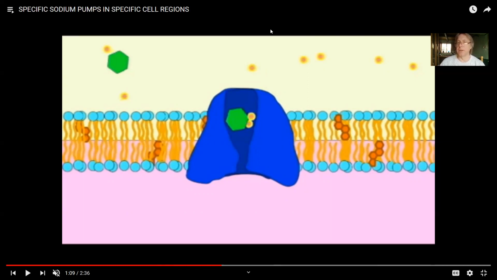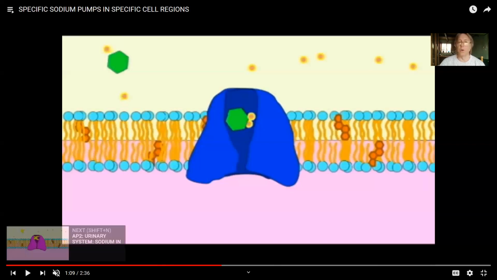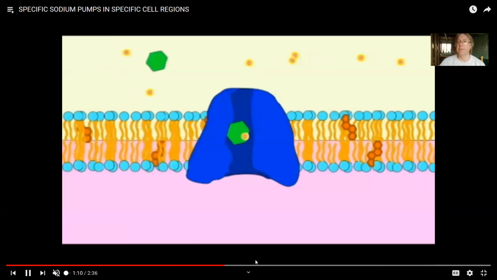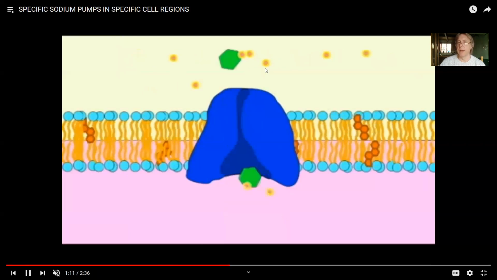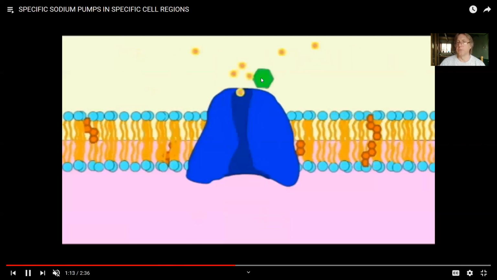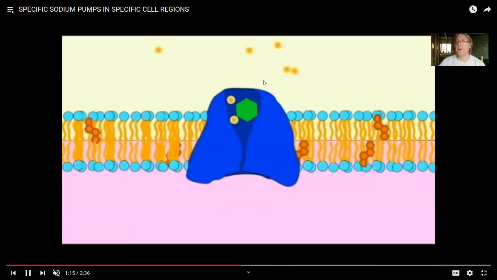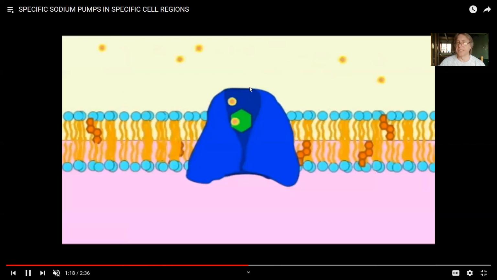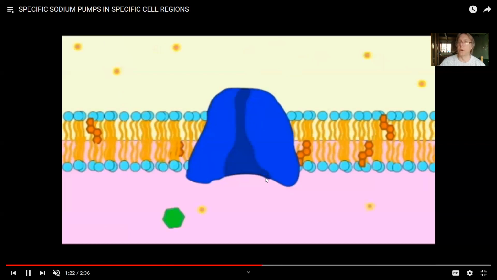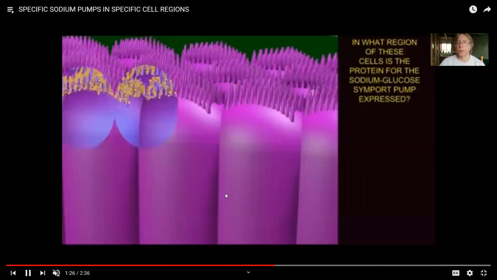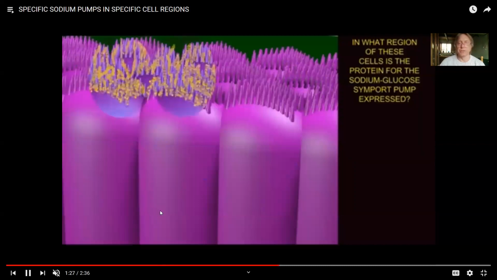Sodium is going from an area of high concentration to low, that the cell can then take advantage of this gradient to move other items. So glucose will come into the cell if it moves with sodium, and thus glucose is reabsorbed from the tubule lumen. Amino acids, there are separate doors which allow amino acids to pass if sodium comes with it. So the sodium gradient is taken advantage of again.